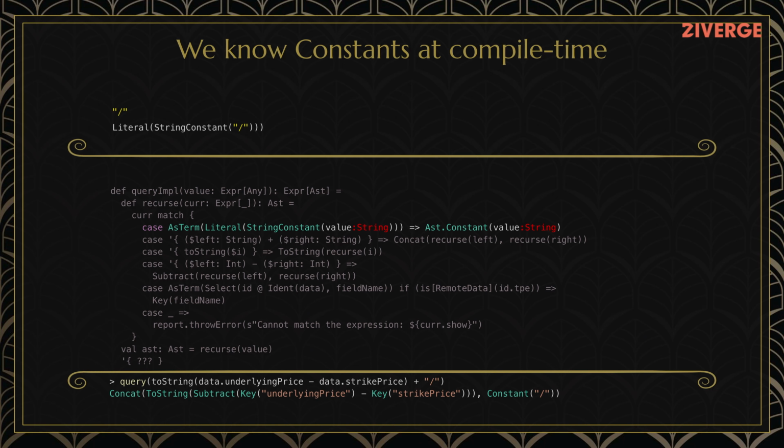Right? The compiler knows what this thing is. It's not just some identifier that's holding the value of some variable or method call, right? The compiler actually knows what this thing is, which is why we're bothering with all this literal string constant stuff, because once we do that, we can actually get the value of the string, right? We represent that as a constant in our grammar.